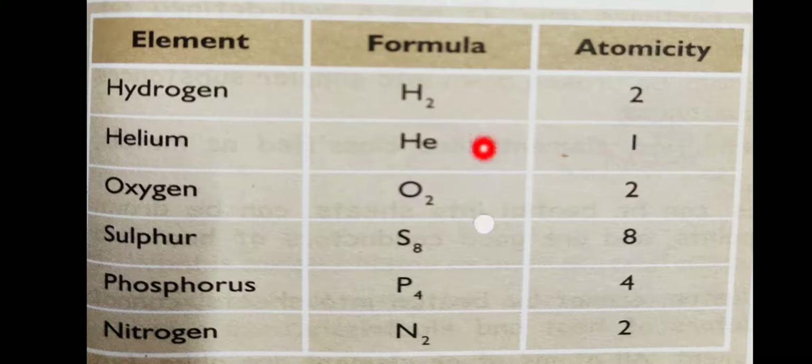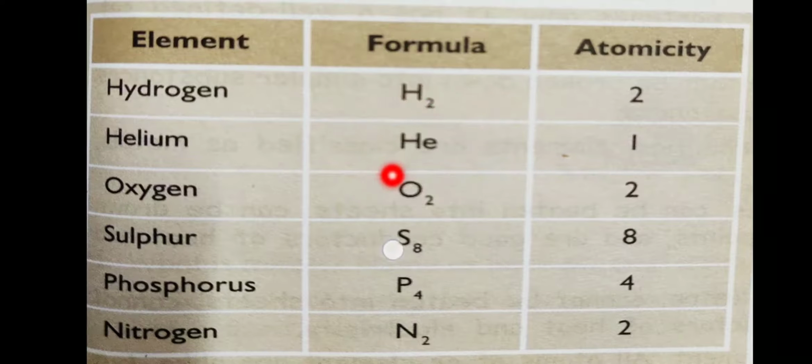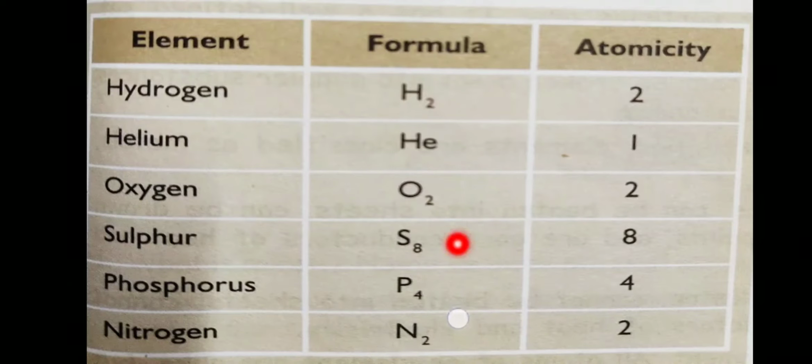Helium, we can see here, is formed by one atom of helium, so it is He. 8 atoms of sulfur come together to form one molecule of sulfur. Phosphorus: 4 atoms of phosphorus come together to make one molecule of phosphorus.